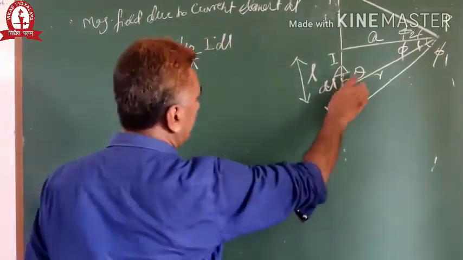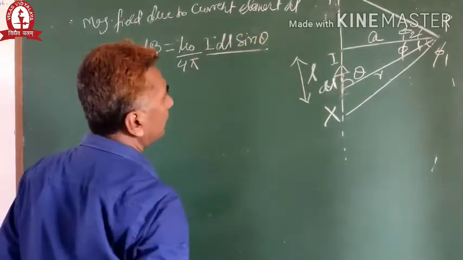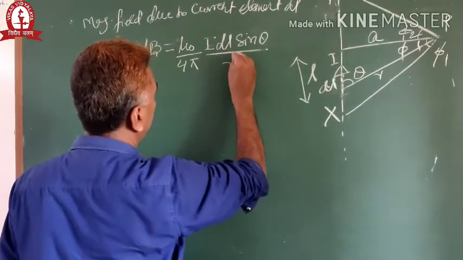Okay, this angle is theta, so sin theta upon r square.